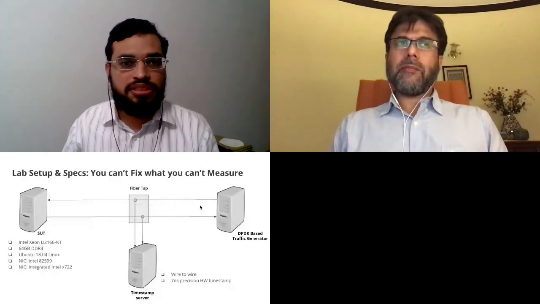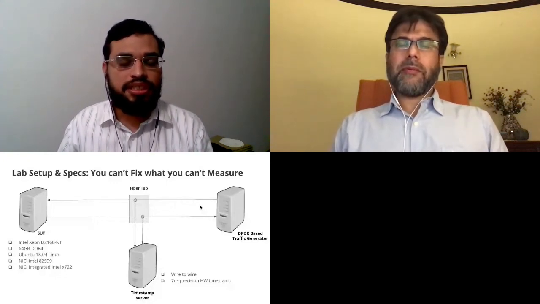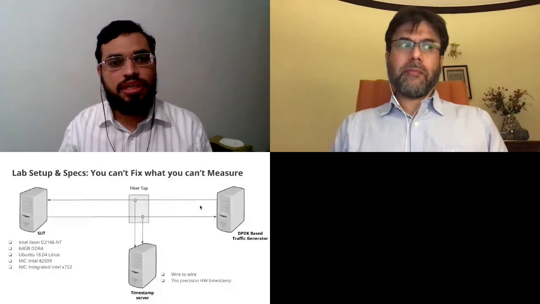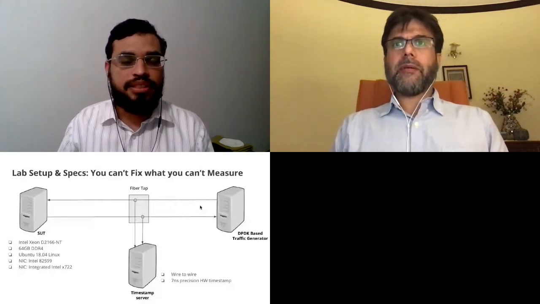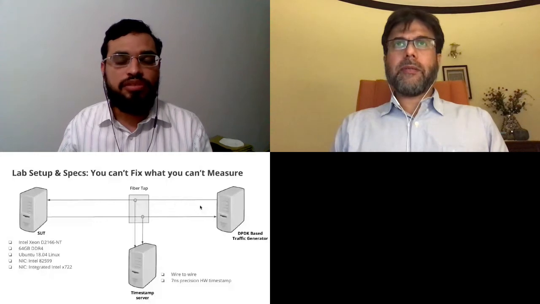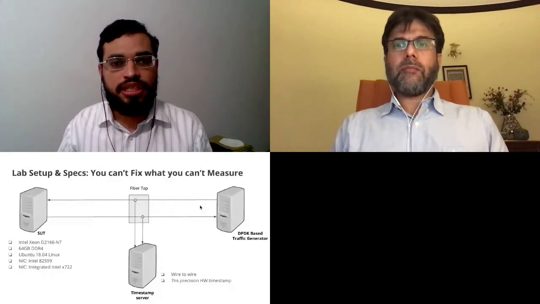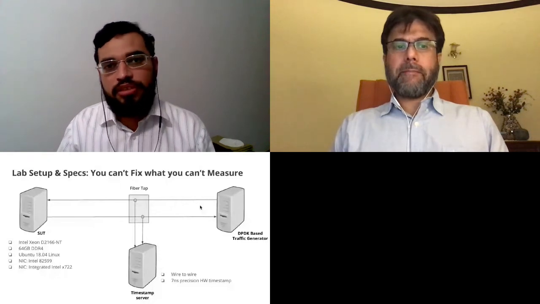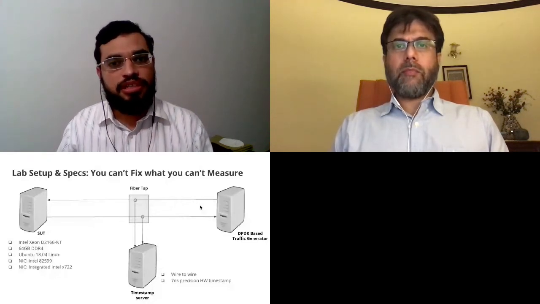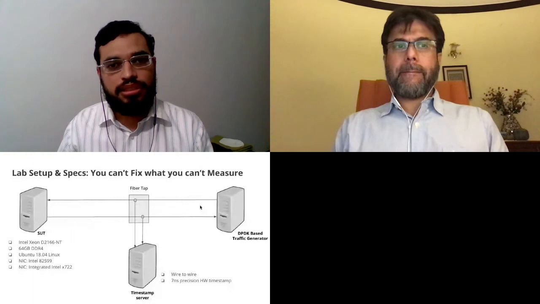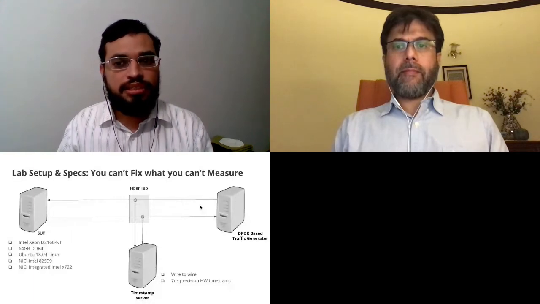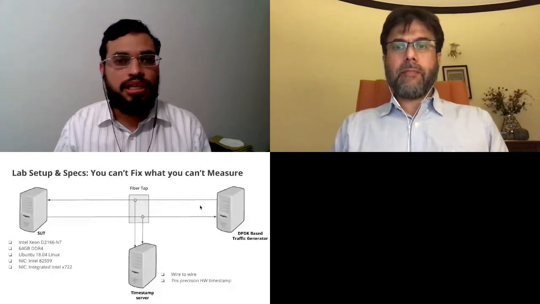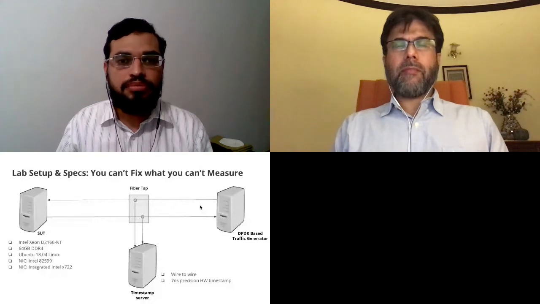Our SUT is based on D2166NT, which is designed for edge compute. It's running an L2 forward application, so it forwards each packet with its unique identifier back to the packet generator. In between, we have a fiber tap. We use this fiber tap to timestamp every packet going to and coming back from the SUT.